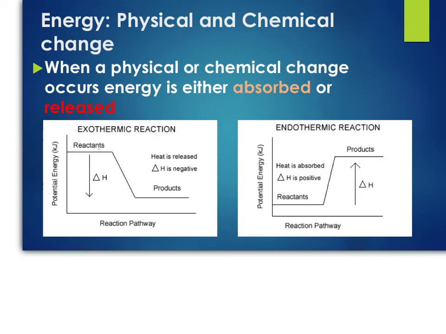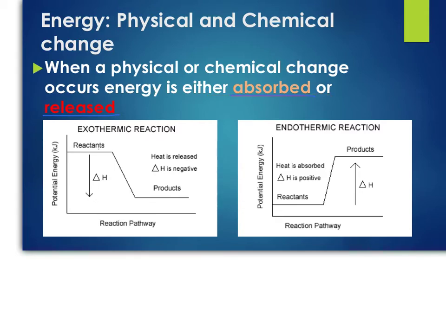Okay. So during a chemical or a physical change, energy can either be absorbed. That means energy is taken in, or it can be released. So it's either absorbed or released. So let's look at what happens here on these diagrams.